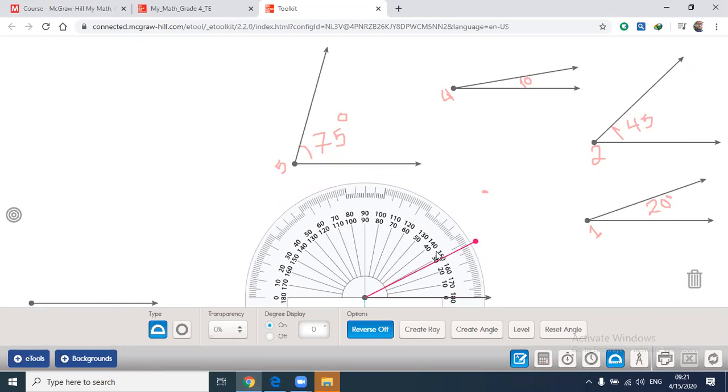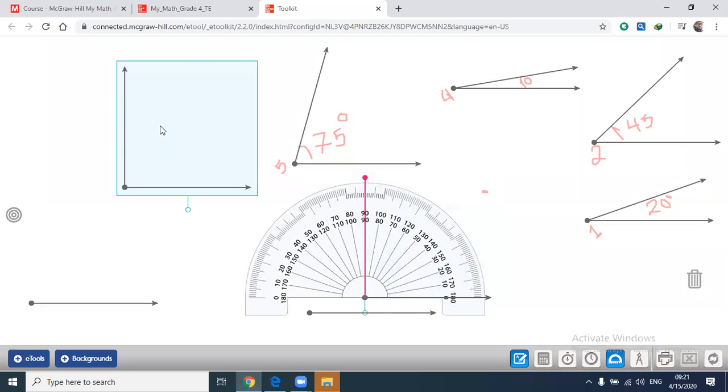What kind of angle is 90 degrees, guys? It would be what? Acute, right, or obtuse? It would be right angle.